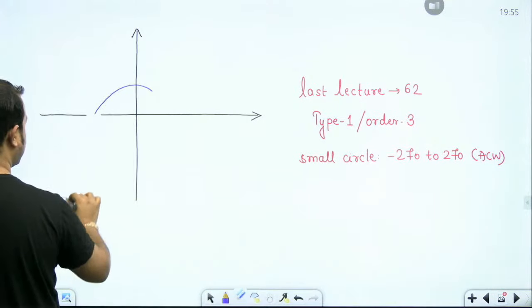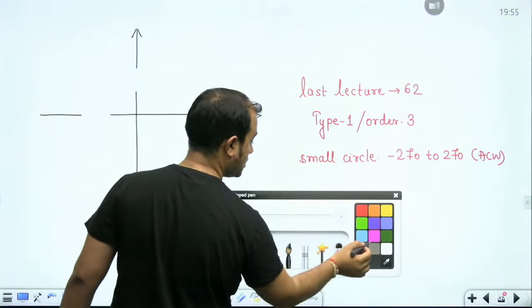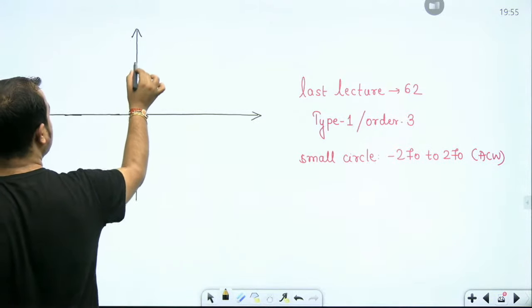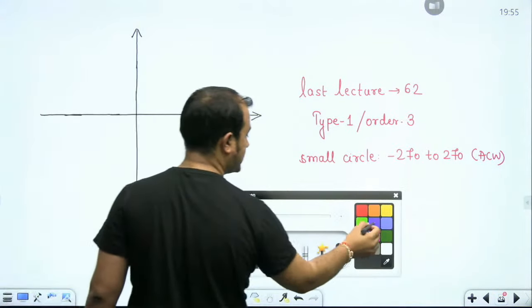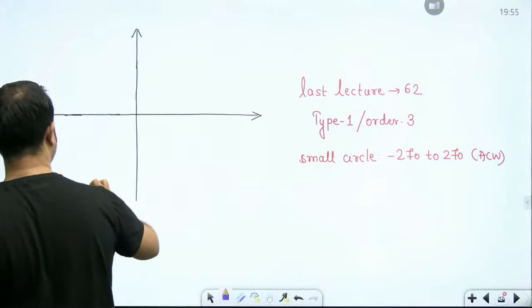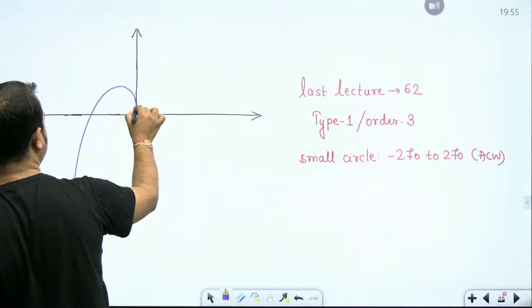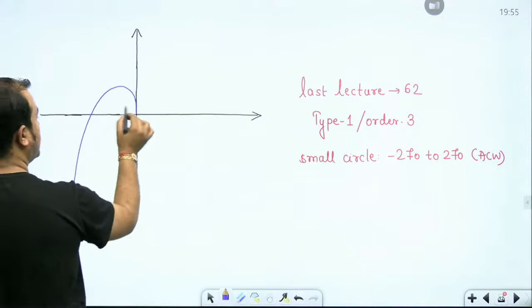Just a minute. For type 1, order 3, it is like this. So we need an anti-clockwise semicircle.